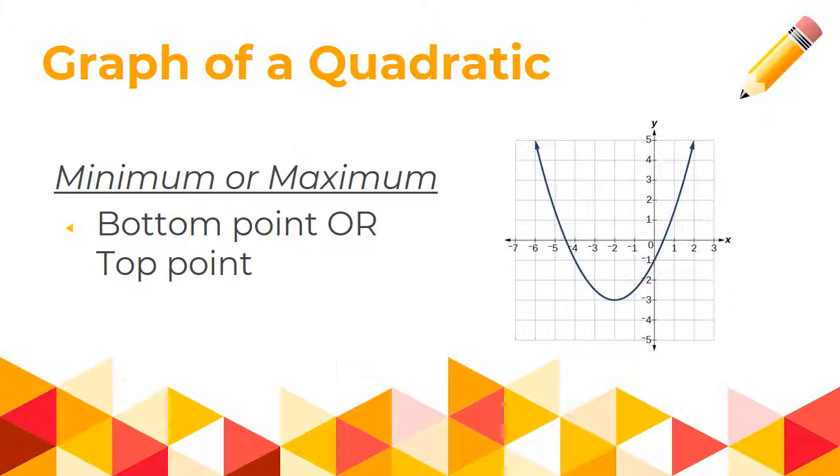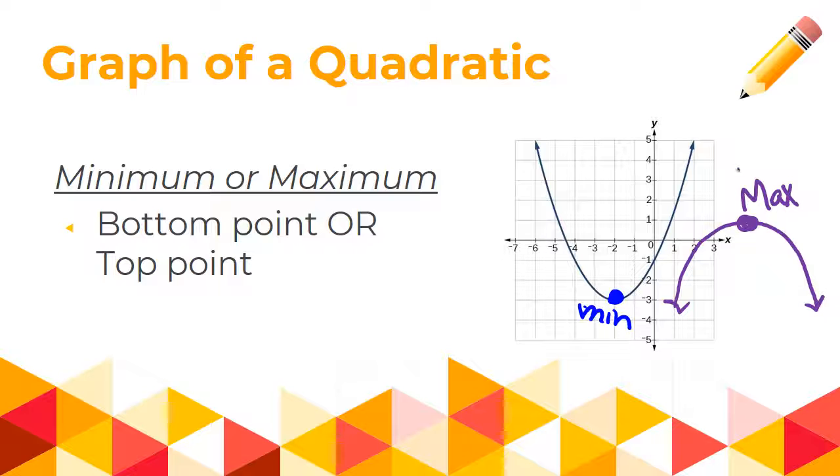Your max or minimum. Your maximum is going to be the highest point on your graph. That would occur if you have a concave down parabola. This would be a maximum. If it's concave up, such as this one, this would be your minimum.